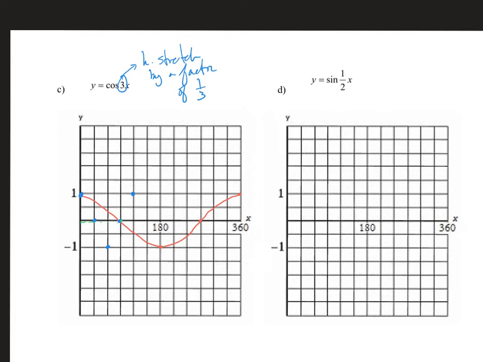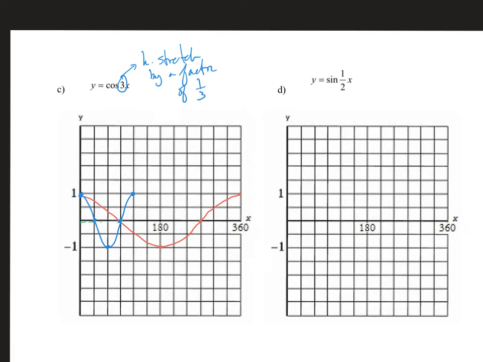This minimum that used to take 1, 2, 3, 4, 5, 6 grid lines to occur, while 1/3 of 6 is 2, would now occur on 2 grid lines. You can use the grid lines. I would just be a little nervous as scales start to change. Instead, think about what the degrees would be. Now that you have all of those features, we can now connect them with our smooth curve.